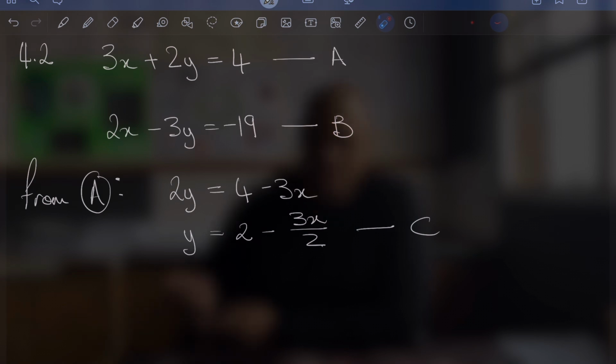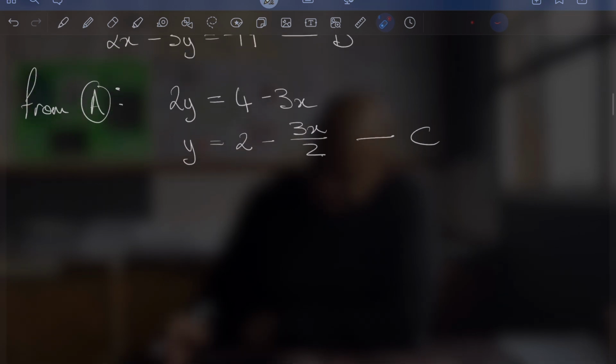The reason why we try to avoid substitution sometimes, especially in grade 10, is because you want to avoid working with fractions. But unfortunately that becomes more and more unavoidable in grade 11 and grade 12, where you're forced at times to use substitution, because elimination will not be possible in certain types of equations.